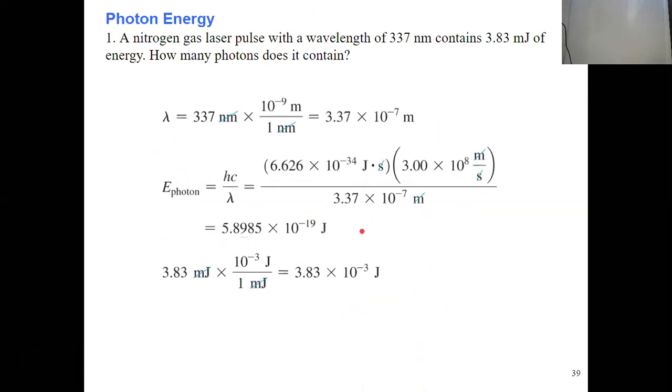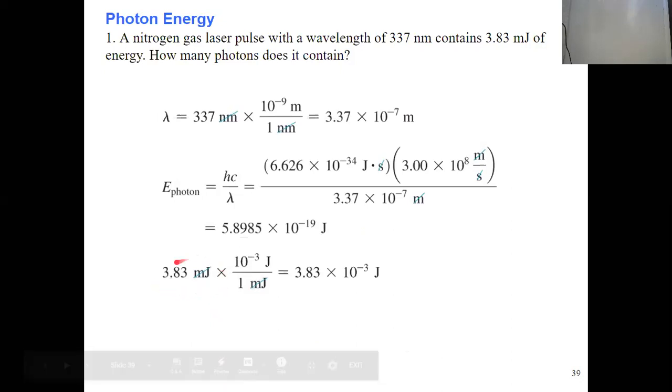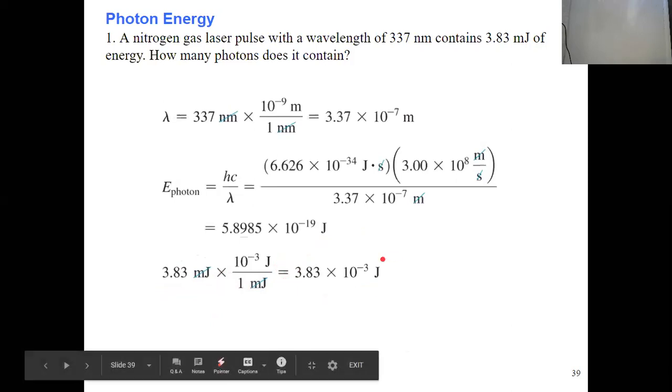I know that my laser pulse contained 3.83 millijoules of energy. So I had 3.83 millijoules of energy. First, I'm going to turn that into joules, so my unit here looks like my unit here. That's the step that happened right here.